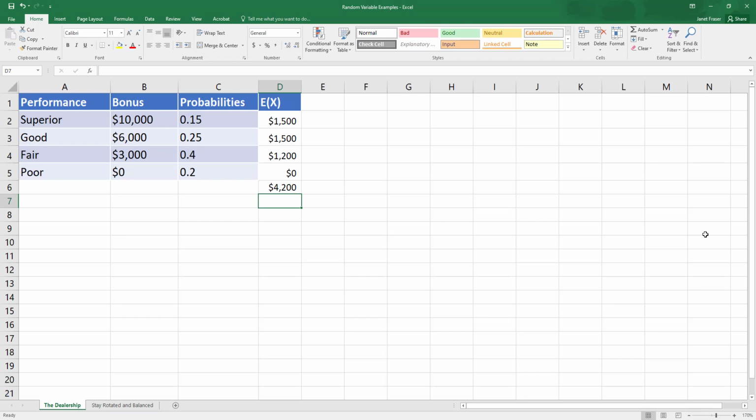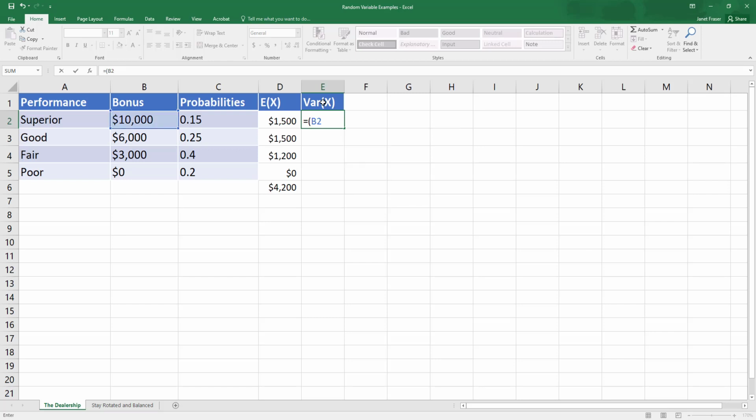So the next thing we want to figure out is our variance, and I will call this var. And to do this, we need to have our mean value, so it's important to calculate the expected value first. And we can calculate this in Excel using a slightly more complicated formula.